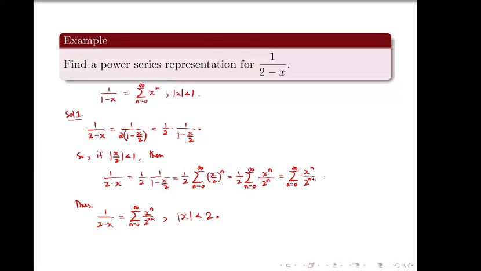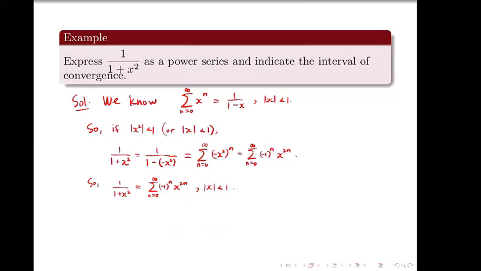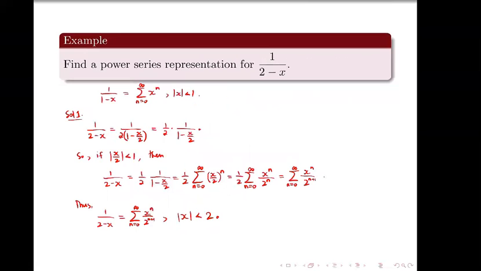This is already the interval of convergence. This one is enough. Okay? And similarly, in the previous example, this is the interval of convergence. So this is just one of the ways to write 1 over 2 minus x as a power series.